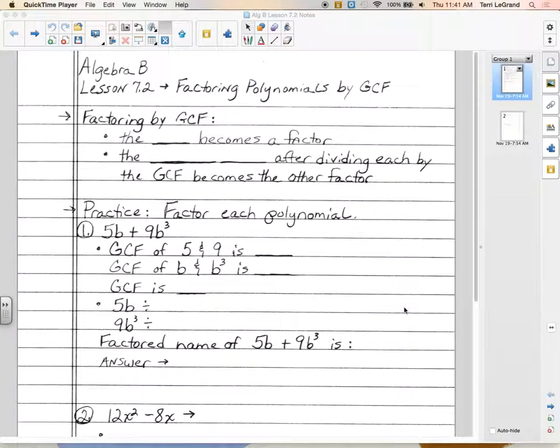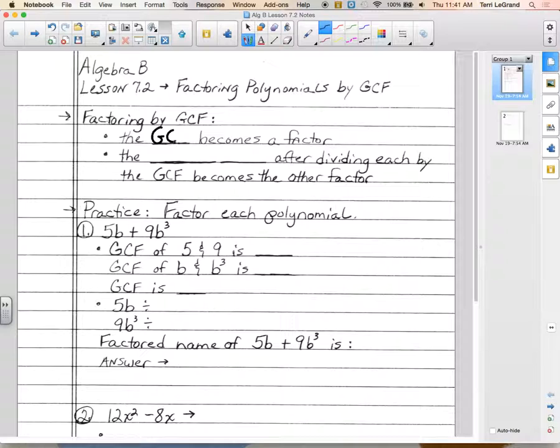When factoring polynomials by the GCF, we have to keep a couple of things in mind. The GCF that we find actually becomes one of the factors. So the GCF is one of our factors in our answer.